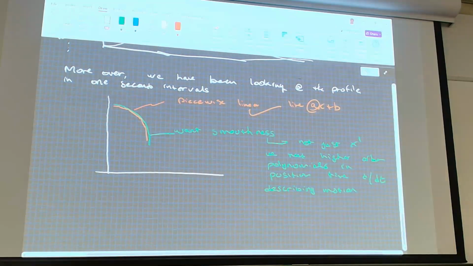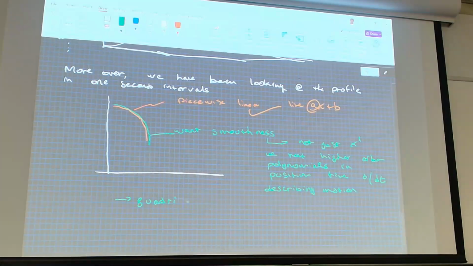Right, so that implies we could do quadratic.